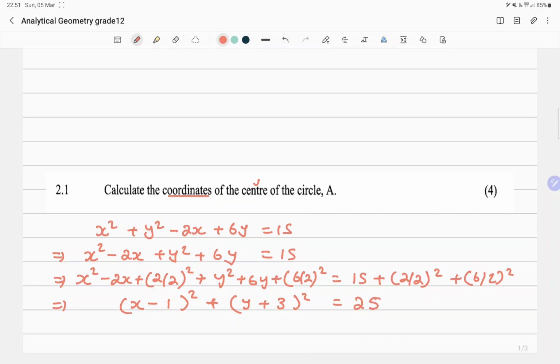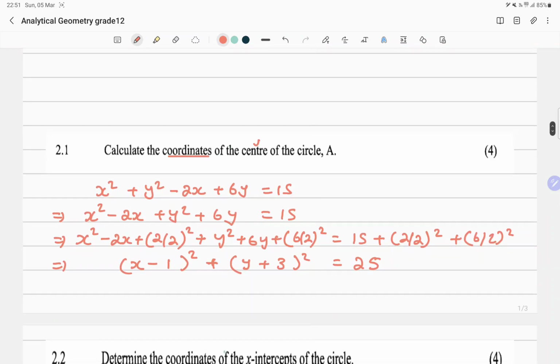Once we have put it in this form, which is the standard form of a circle, we can conclude that center A is given by taking the opposite sign of the number inside the bracket for x, so it becomes 1, and the opposite sign of the number inside the bracket for y, so it becomes negative 3.